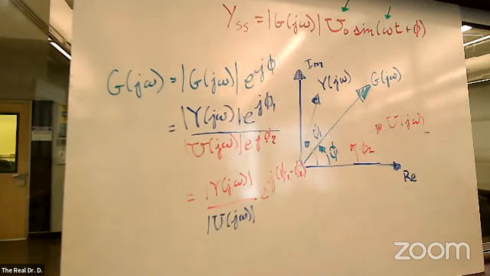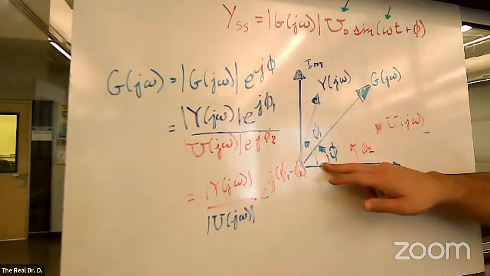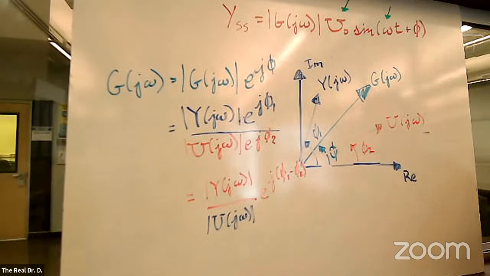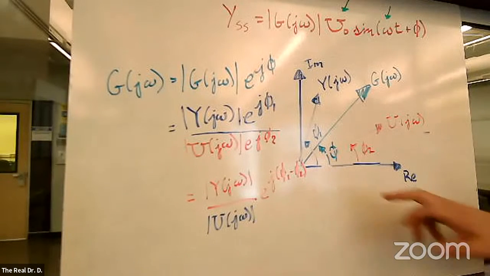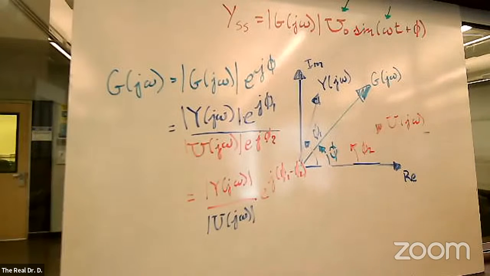In many cases, we have a whole number with no imaginary part, so that's going to fall right on the real axis. Then the bottom would be something like a real number plus something times j. Well, I have a real number and some j, so I can plot those vectors.